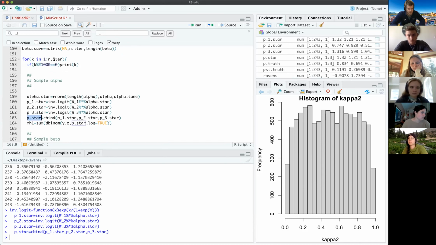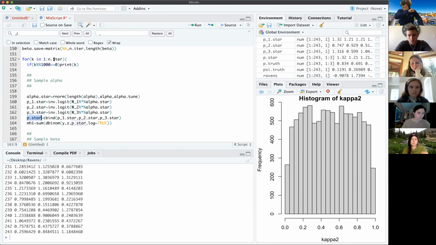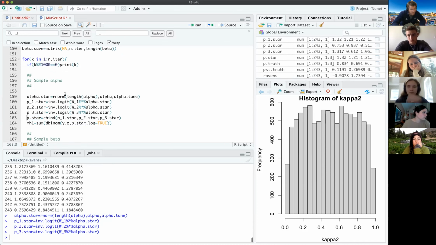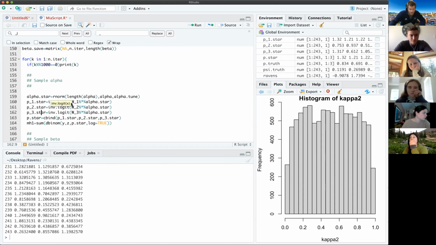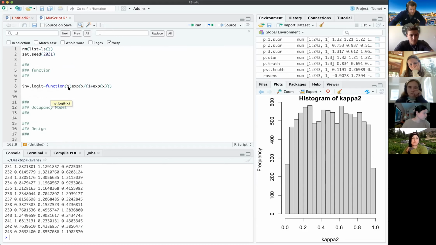Now if we look at these values, they should be on the right. Oh, what's going on? Something's not quite right. 1.3, that's not right. I must have screwed up my function.